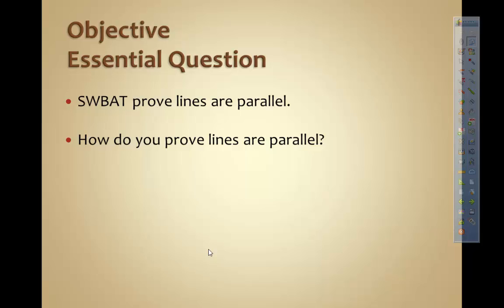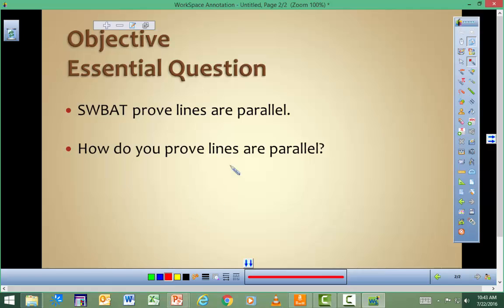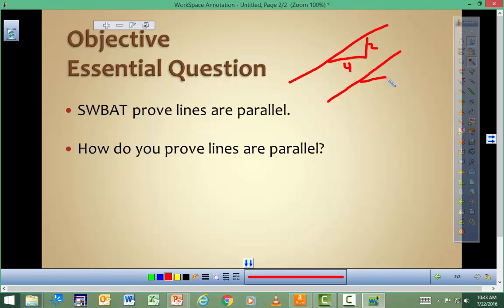So this is one of the four ways that we could prove lines are parallel, but you can also show that lines are parallel by showing that they have the same slope. I mean, if this slope here is, you go over 4 and up 2, and this line you go over 4 and up 2, they have the same slope, and that would mean that these lines are parallel.